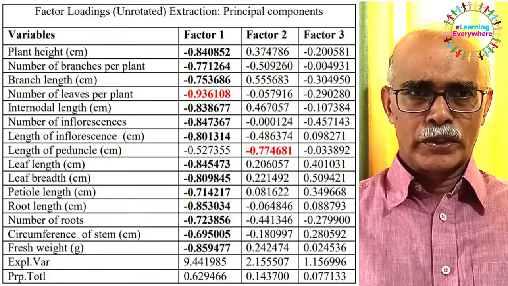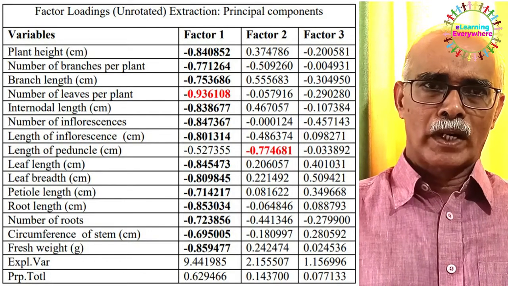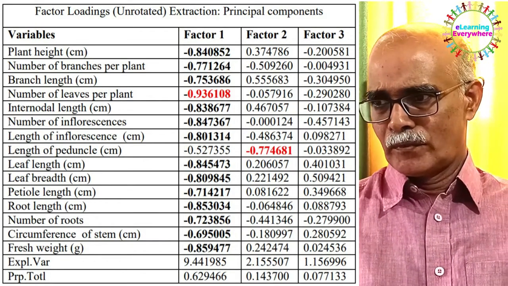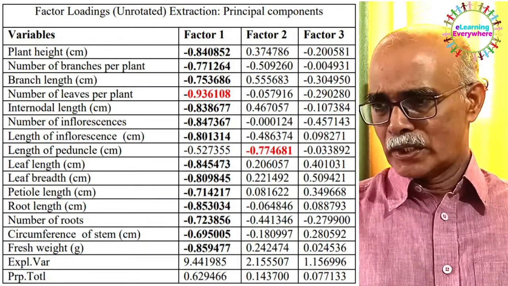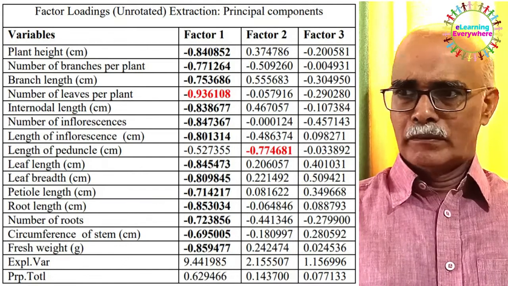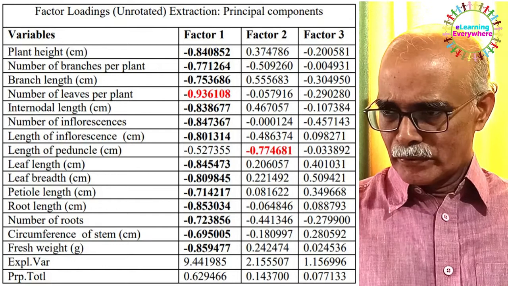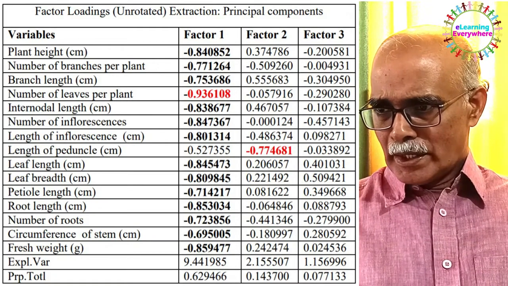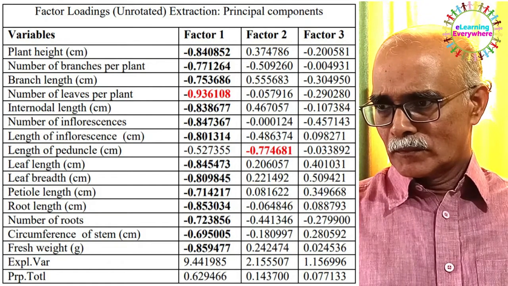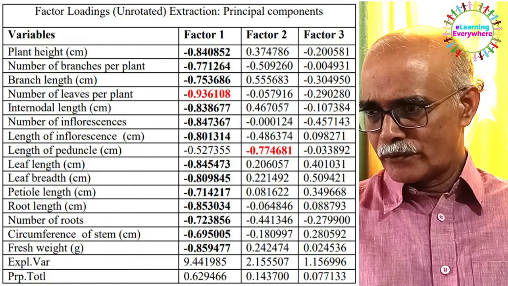Some values are positive, some values are negative. Anyhow, since it is the value related to the correlation coefficient of the character concerned, the variable concerned, the factor loading is either positive or negative, and leaf length contributes 0.84, of course, minus 0.84.